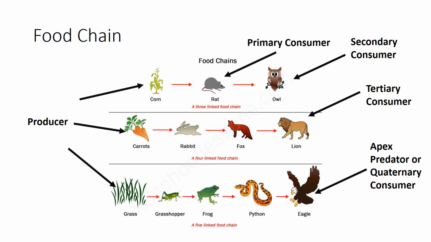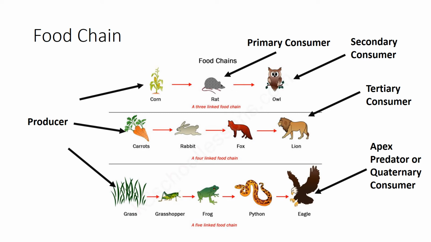Now these arrows are important as well. The direction that those arrows go in must be showing the direction that energy is being transferred through that food chain. If it's facing the other way, the energy doesn't go down. An owl does not give energy to the rat, and the rat does not give energy to the corn. It's the other way around. The rats will get energy from the corn by eating it, and the owl will get energy from the rats by eating the rat.